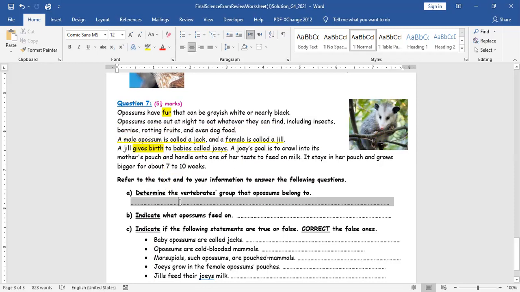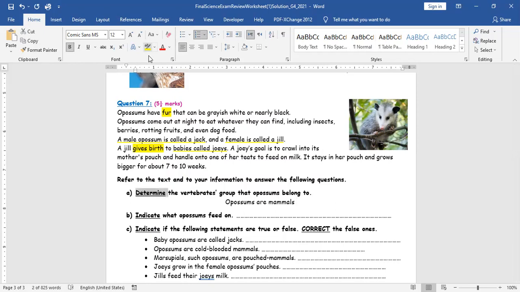So opossums are mammals. Again, don't forget to tell why. Because they are covered with fur and they reproduce by giving birth to young.